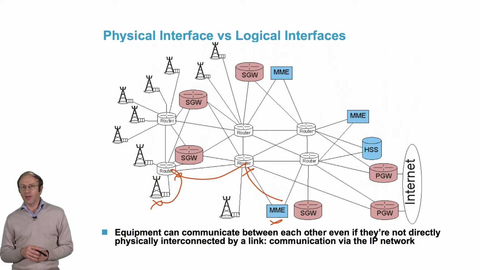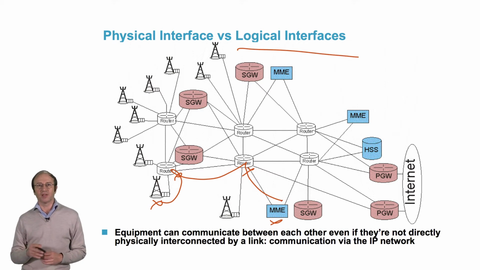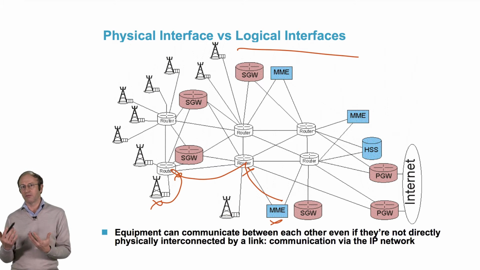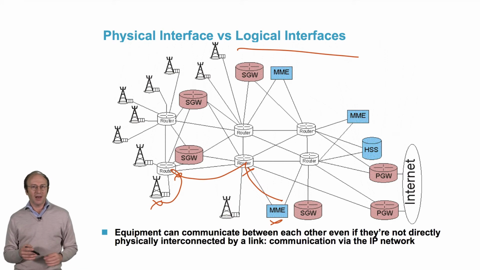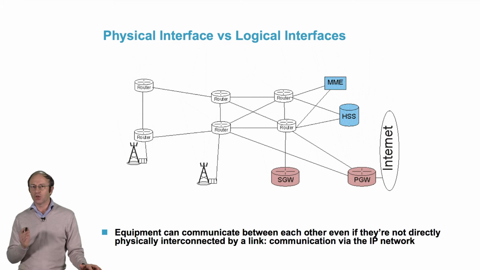Consequently, we can now define logical interfaces between nodes, even if they are not physically connected. Let's first simplify the network and show the essential elements.